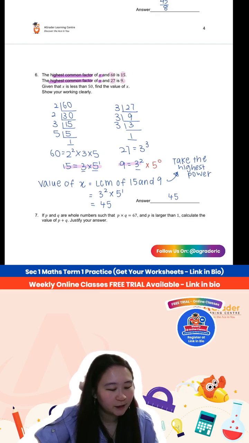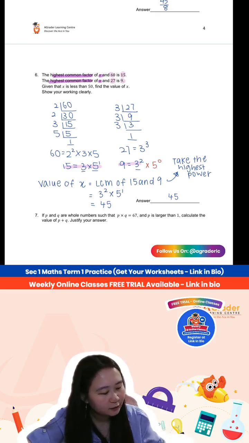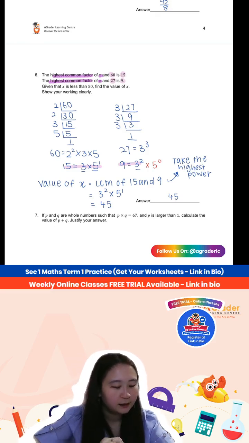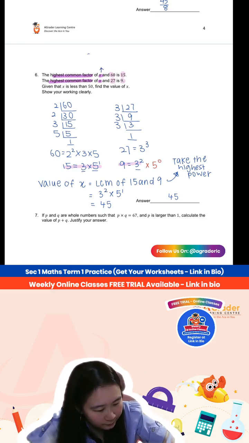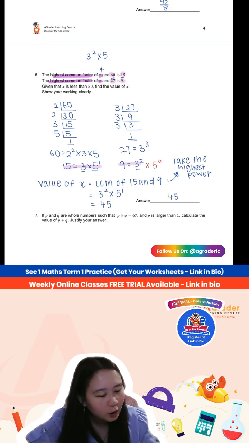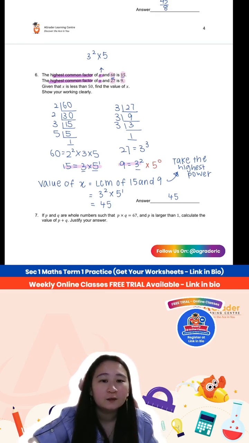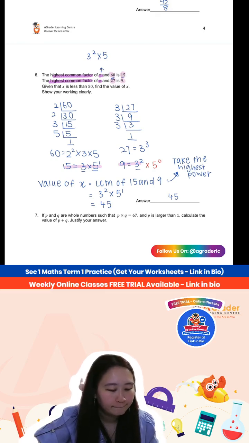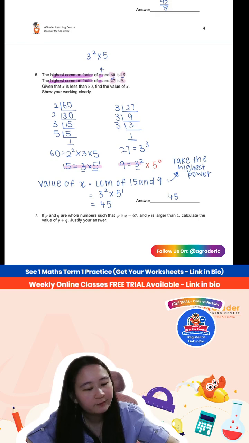So you can check your answer. If x is 3 squared times 5, then you compare with 60 and the highest common factor is 15. For highest common factor, you take the lowest power. Okay, you have already prime factorized them here.